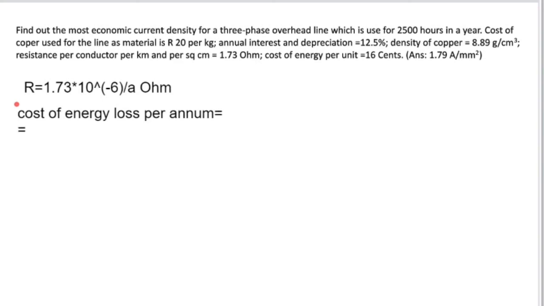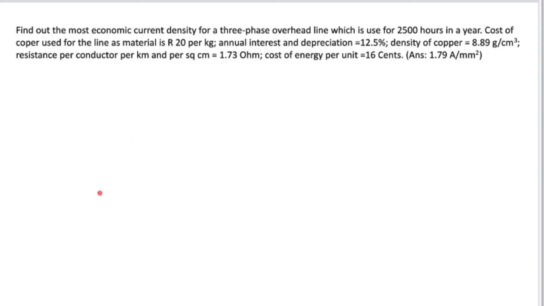It will be equal to P, which is I squared R. R is 1.73 times 10 to the power minus 6 over A. So that's 3 I squared R. Sorry, L should be there. I missed that L. Let me just remove them.